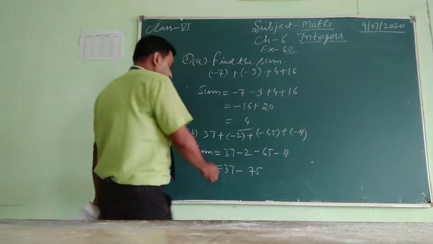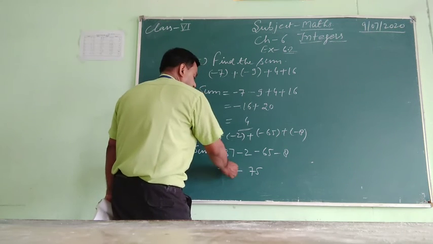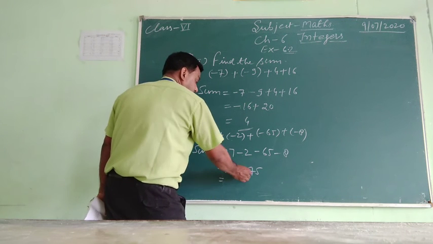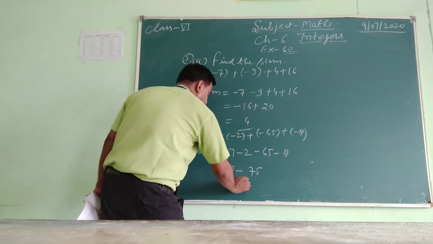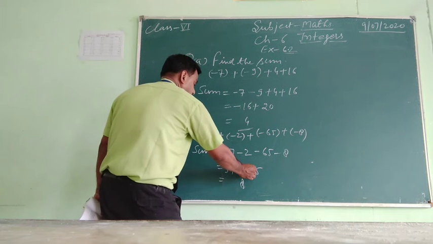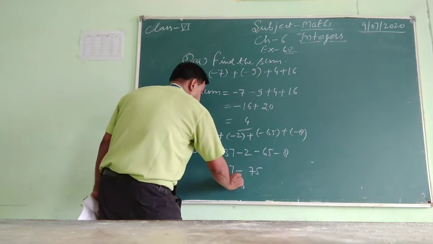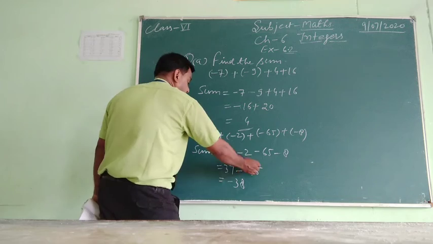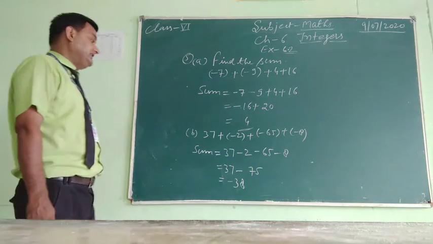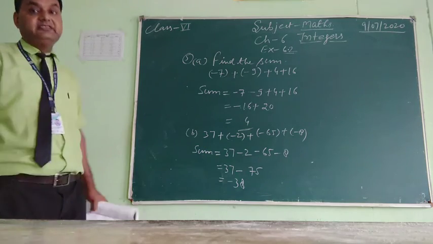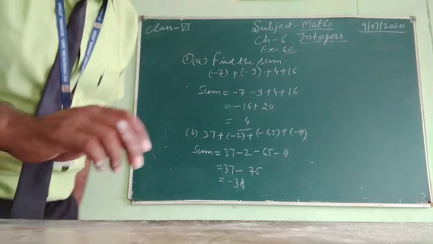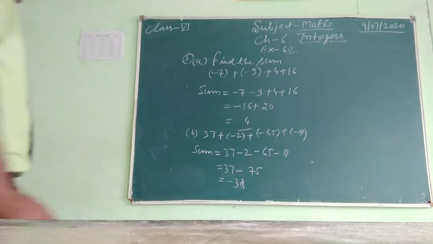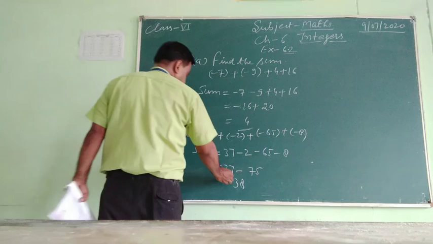Now this is a positive number and this is a negative number. Plus minus minus. 15 minus 7, 8, 6 minus 3, 3, and the sign is negative because 75 is greater than 37 and 75 is negative, so the sign will be negative. So minus 38 is the answer.